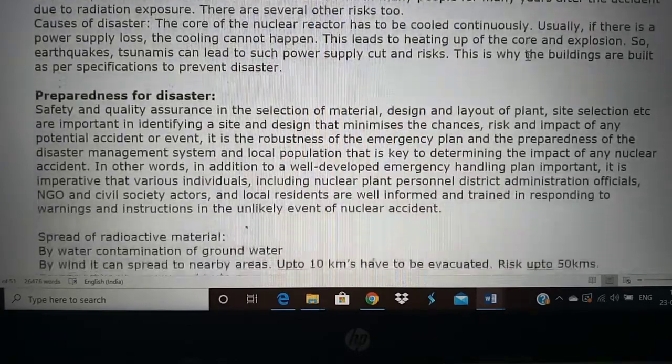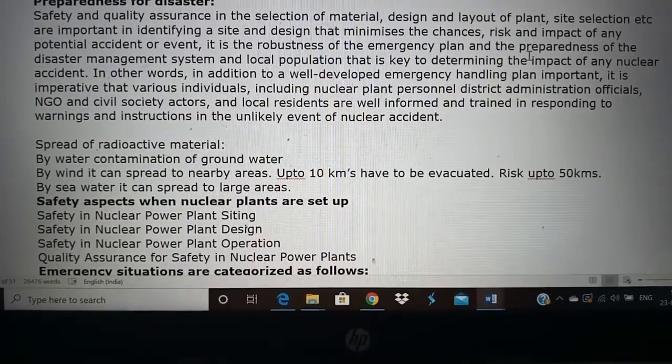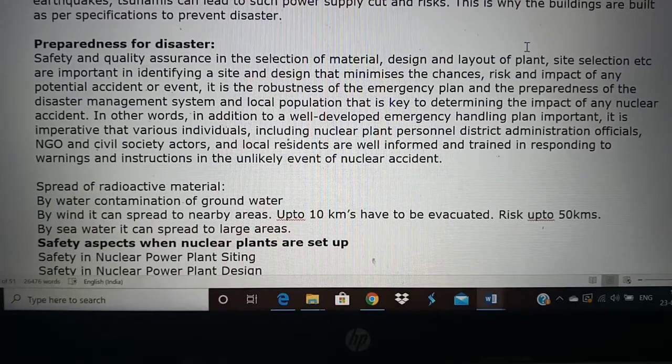So let's see what are the preparations that people have to make for such disasters. The most important thing is safety and quality assurance in the selection of material. So when you build the buildings or when you make the nuclear reactor, you should have best material, best design and best layout of the plant and the site selection.